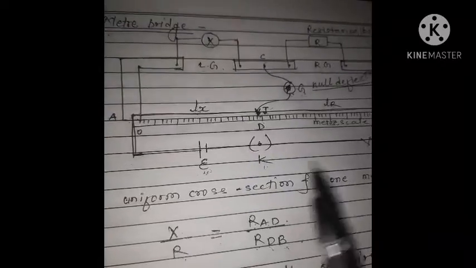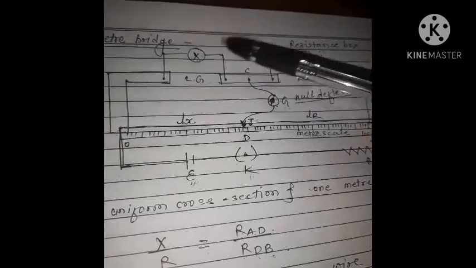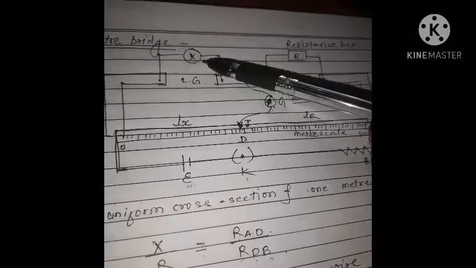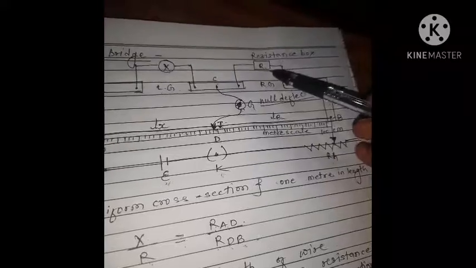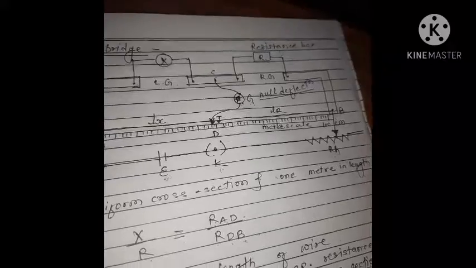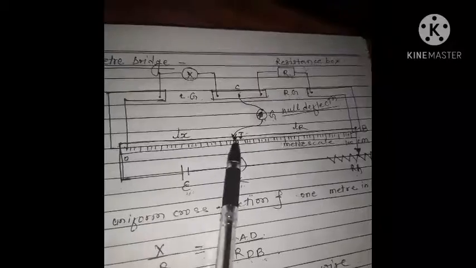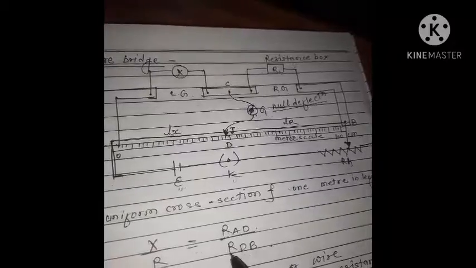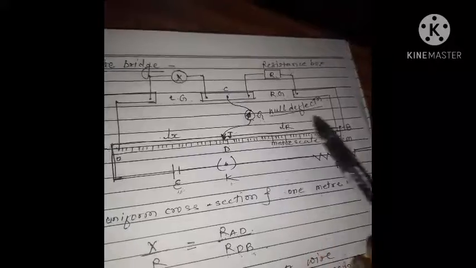Here X is the value of unknown resistance which we have to determine, R means the value of resistance which is selected from the resistance box, RAD means the resistance of wire AD, and RDB means the resistance of wire DB.